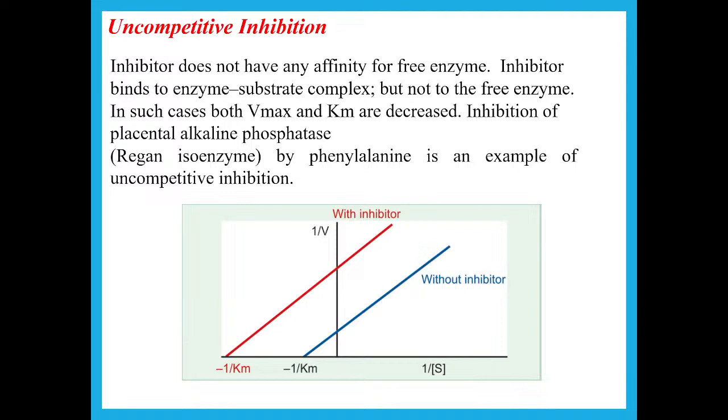If you see the graph, 1/V versus 1/S with inhibitor and without inhibitor, in the negative quadrant you have the minus 1/Km and minus 1/Vmax intercepts. So with inhibitor and without inhibitor, parallel lines will be coming, but there will be no competition between the two at all.